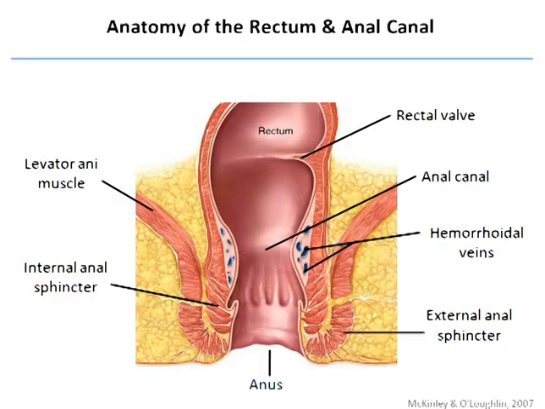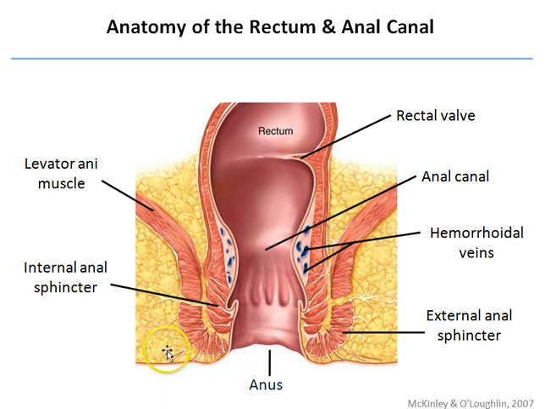This shows the rectum and the associated anal canal. The rectum is continuous with the sigmoid colon. Feces is stored here prior to defecation. Notice the folding here, the rectal valves, which will retain feces if gas is being passed. When defecation occurs, feces is then passed through the anal canal out via the anus.